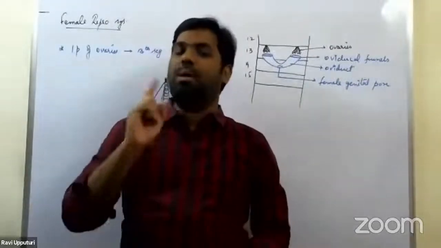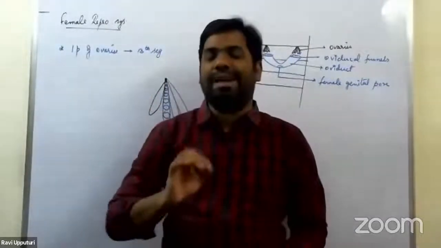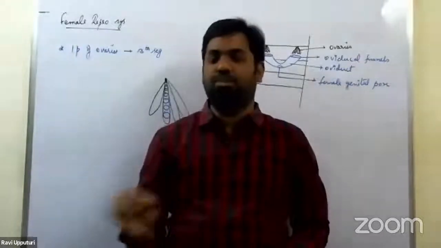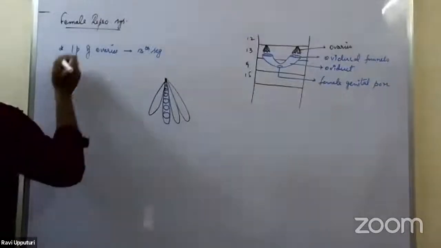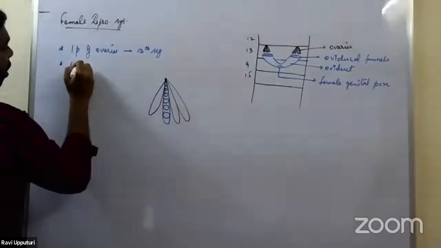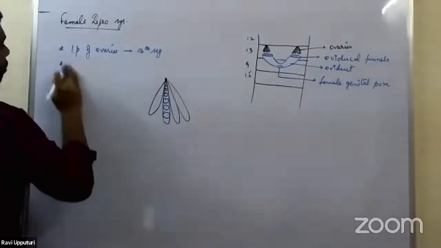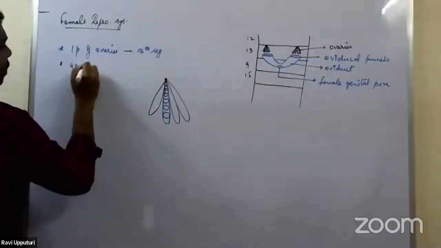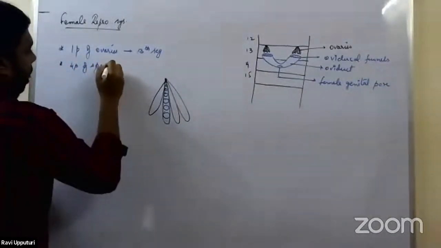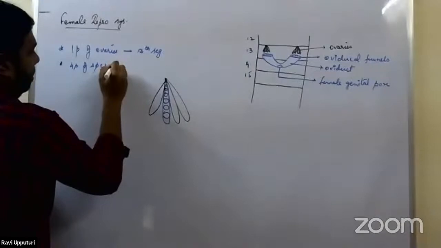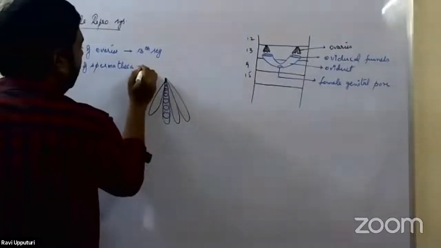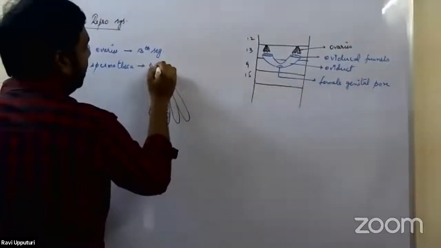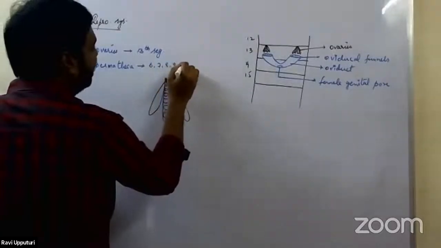Now, along with this, there is one more structure which is a part of the female reproductive system, which is nothing but the spermatheca. These organisms have four pairs of spermatheca, present in the 6th, 7th, 8th and 9th segments.